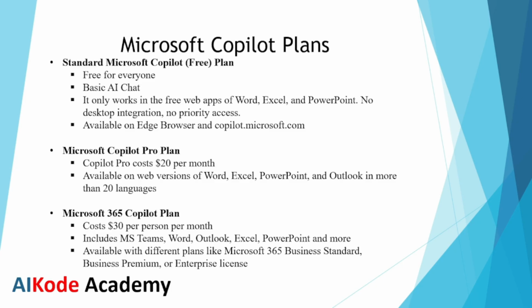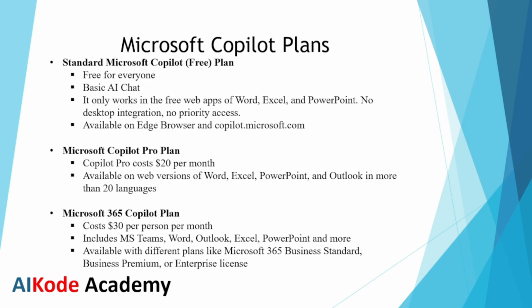There is also no priority access, which means sometimes it takes some extra seconds to generate the response as it is waiting in queue, and the premium user requests take priority over the free version, and it has limited features. It's perfect if you just want to try out Copilot with limited features without paying.